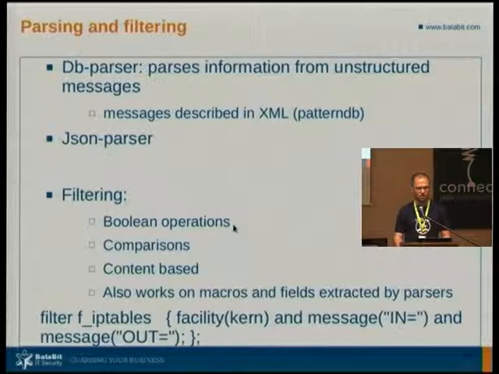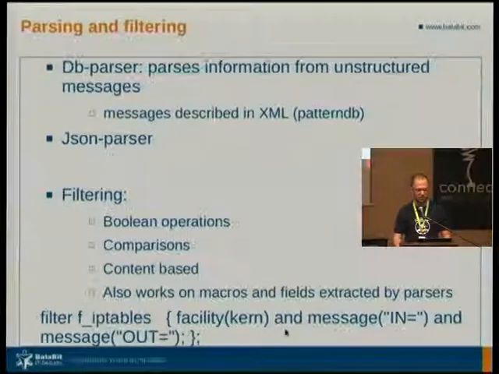There are many kinds of filters: Boolean operations, comparisons, content-based filtering, and all of these work not just on the whole message, but also on fields extracted by the different parsers. Here is an example taken from the syslog-ng configuration in OpenSUSE, which combines many of these.